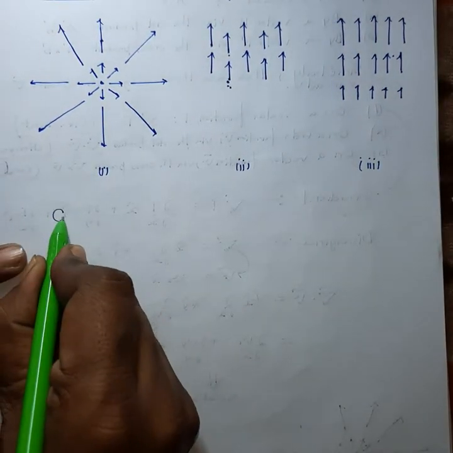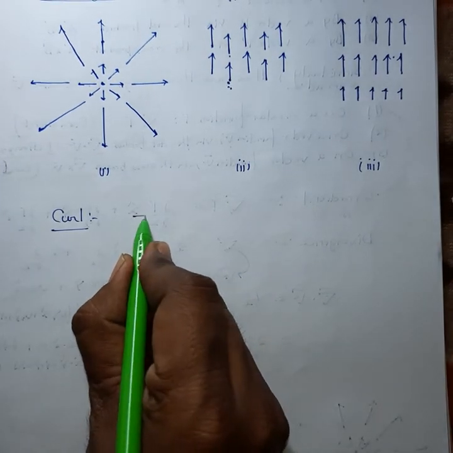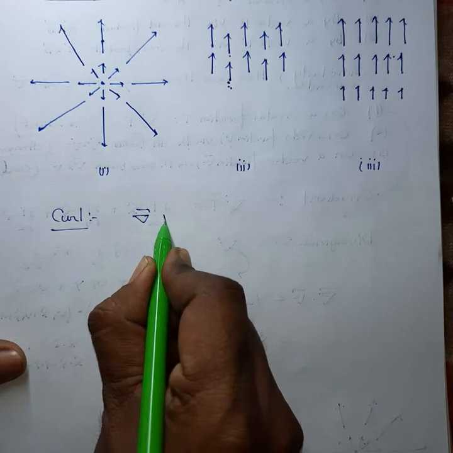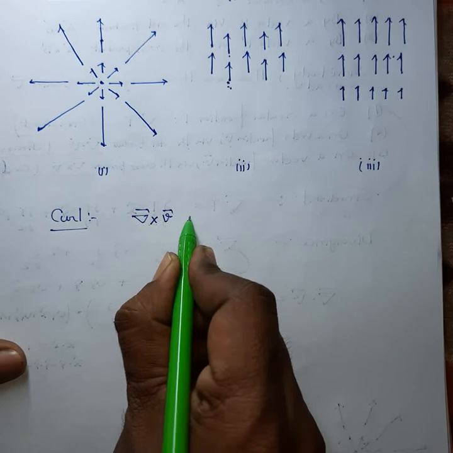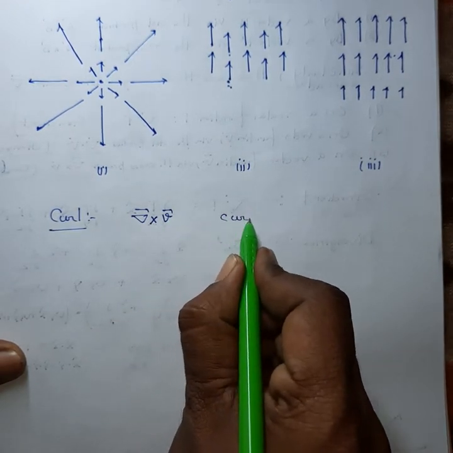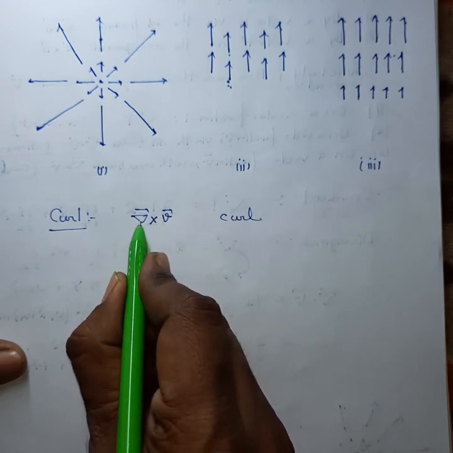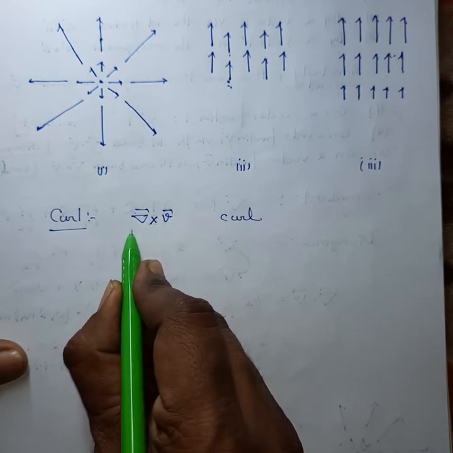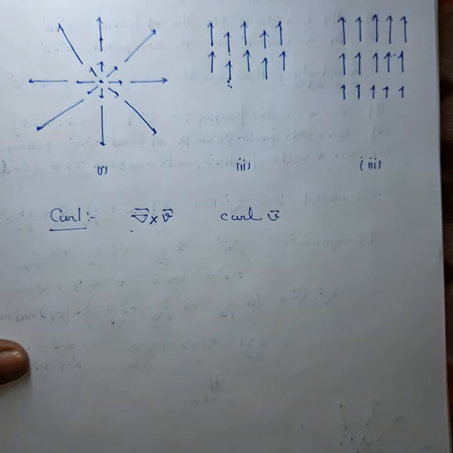Now let's discuss the curl. When del operates on a vector function v by a cross multiplication, this is called the curl. The curl is defined as del cross v; when del operates on a vector function by a cross product, this is called the curl of v, a vector.